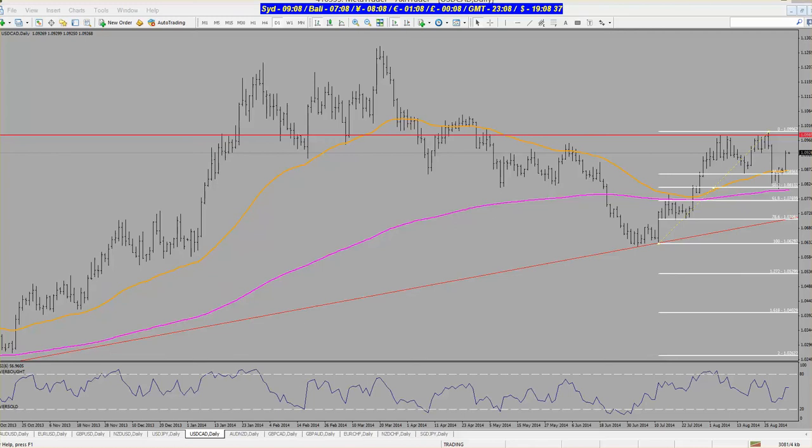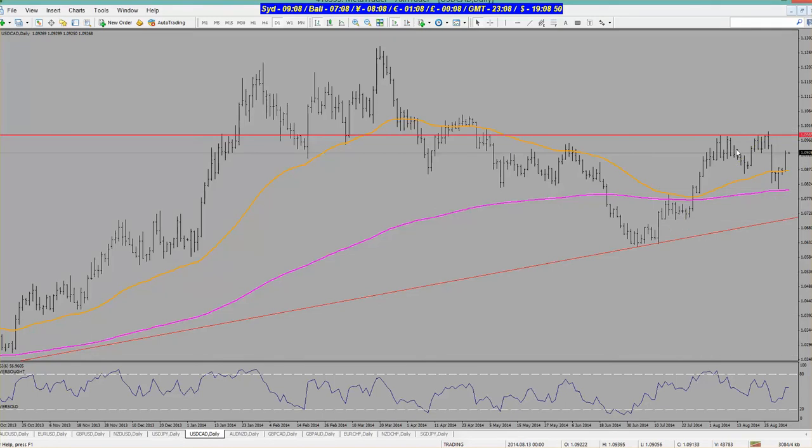Remember, you've got the BOC out tonight, so that might provide a bit of volatility. And on the back of that, I would probably suggest to move your stop underneath this bar, or maybe just leave it where it is.